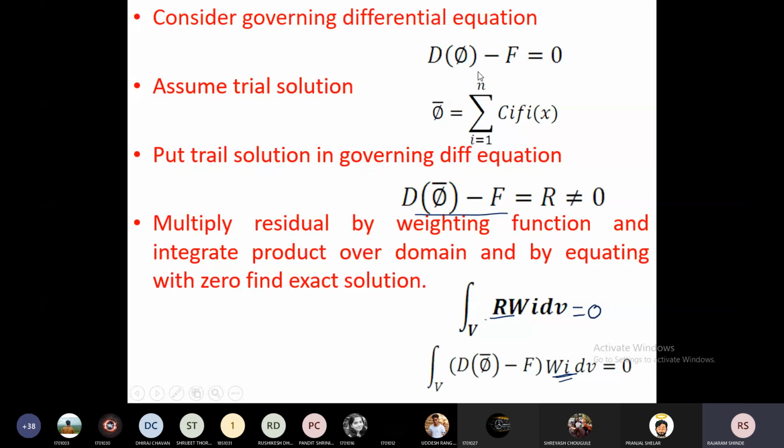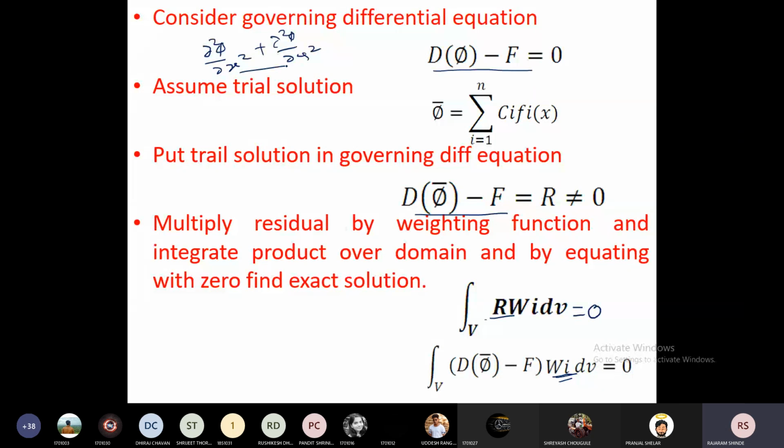Here I have written this in a general differential equation. This is your general differential equation. It may be a partial differential equation, delta phi by delta x, or delta 2 phi by delta x square plus delta 2 phi by delta y square.